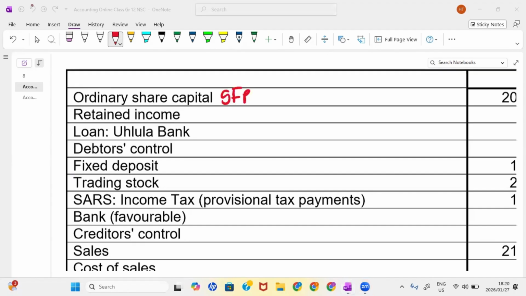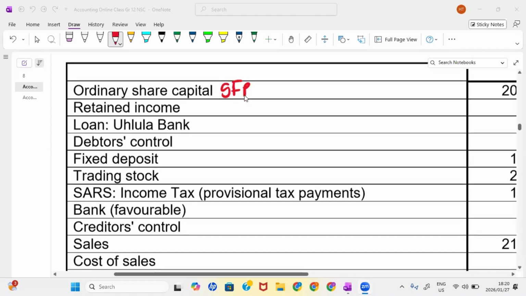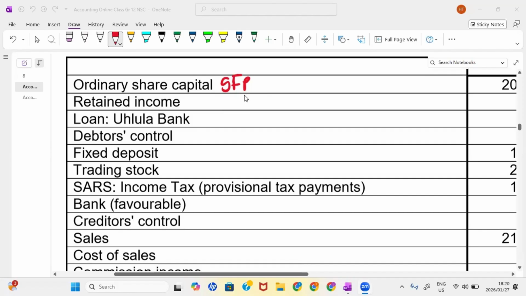Someone is saying maybe in ordinary share notes as balance at the beginning and in SFP. So we just want to know, is it statement of comprehensive income or statement of financial position? So this one would go in the statement of financial position. Then retained income, I will just continue.